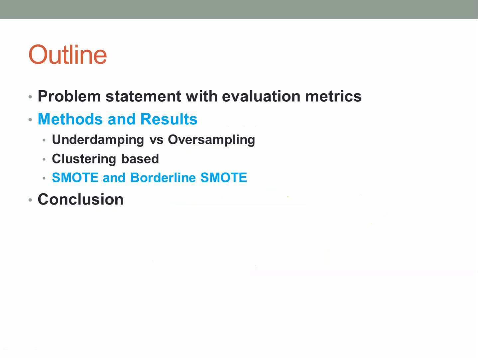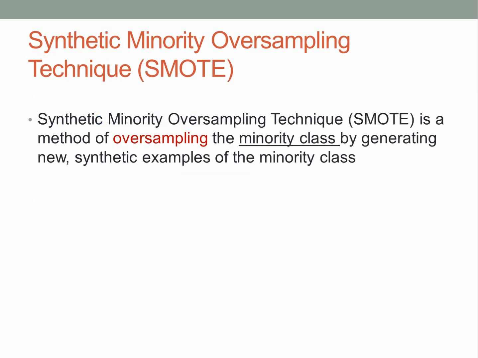So finally, we come to a more sophisticated way of generating undersampling or oversampling methods. This is what we call SMOTE. So what does SMOTE try to do? SMOTE is the synthetic minority oversampling technique. It's a method to do oversampling on the minority class, which means that it goes to the 95 plus ones and tries to create more synthetic 95 plus ones.